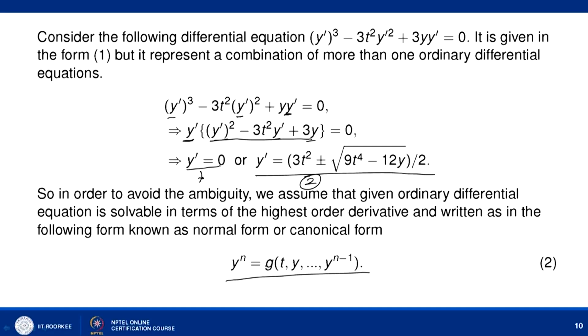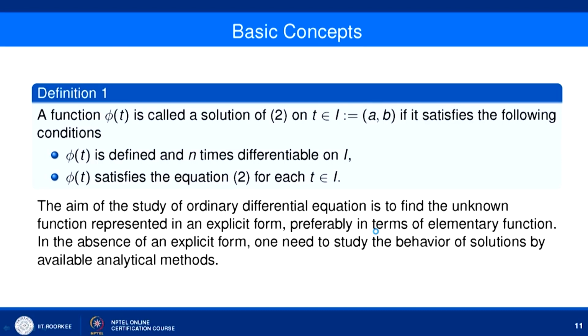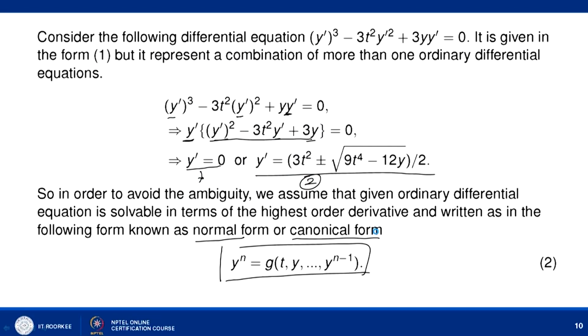Here g is some function given in terms of n+1 variables, that is t, y, y' up to y^(n-1), and this form is known as normal form or canonical form. So from now onward, whenever we discuss, we assume that our differential equation is given in normal form or canonical form. This avoids the possibility of multiple differential equations being considered at one time.